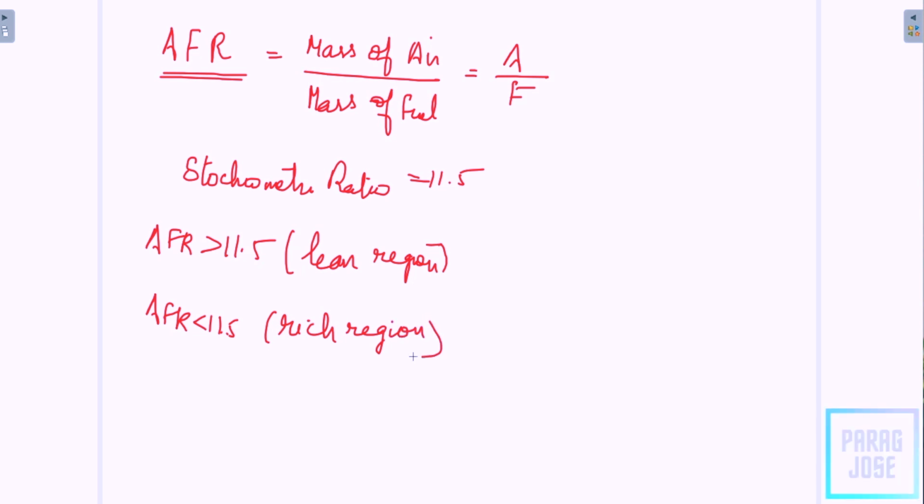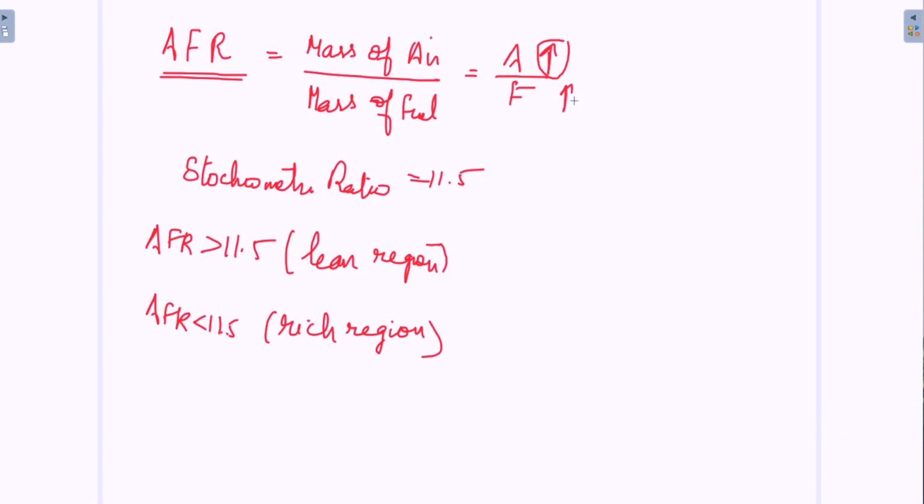Now what does this mean? When the AFR value is greater than 11.5, that would mean that the air quantity is more than the fuel quantity. And if it is in the rich region, the AFR value is less than 11.5. That would mean that the air quantity is less while the fuel quantity is more.